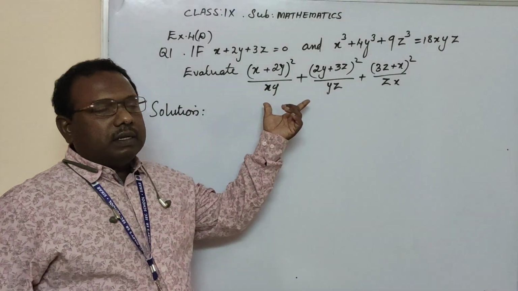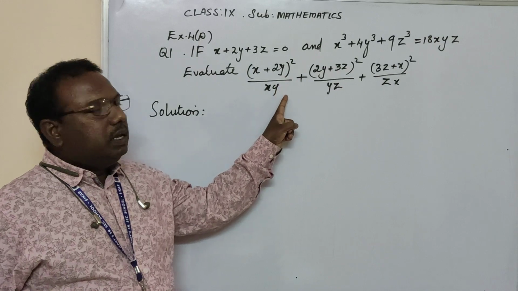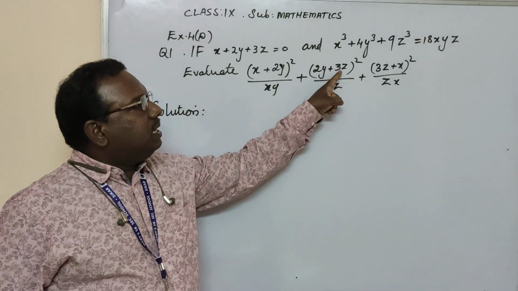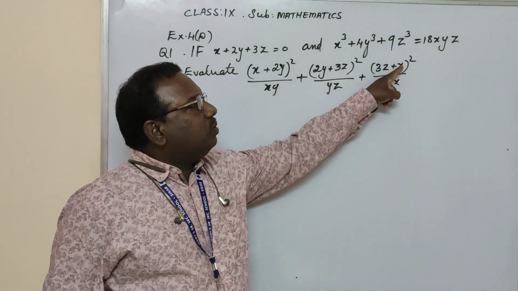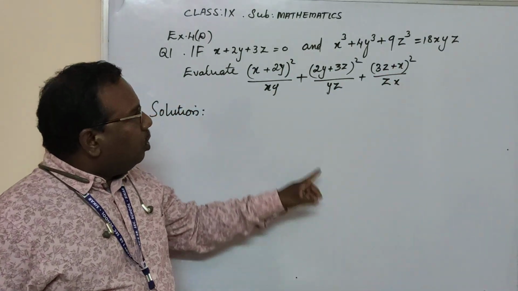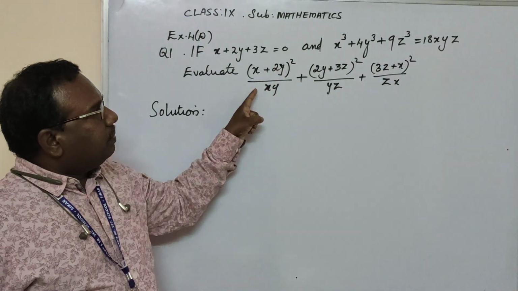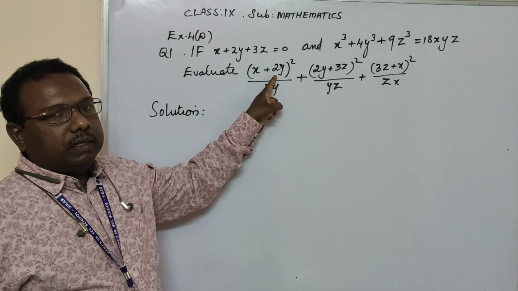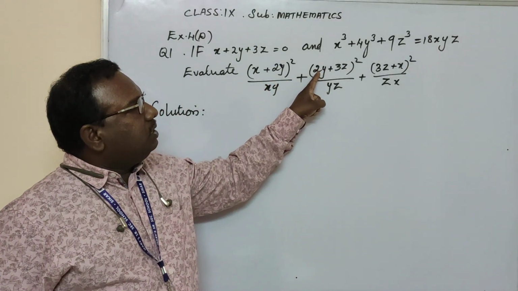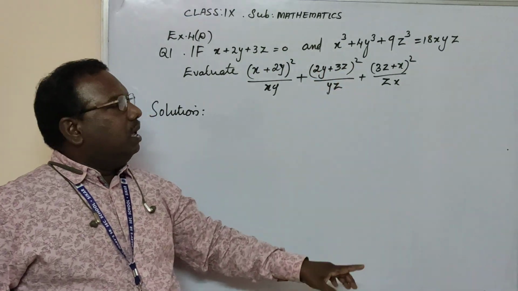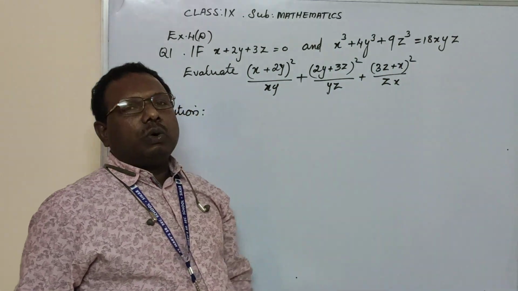We have to find the value of (x plus 2y) whole square by xy plus (2y plus 3z) whole square by yz plus (3z plus x) whole square by zx. Look at the question. The numerator of the first term is x plus 2y, the numerator of the second term is 2y plus 3z whole square, and in the third term the numerator is 3z plus x whole square.